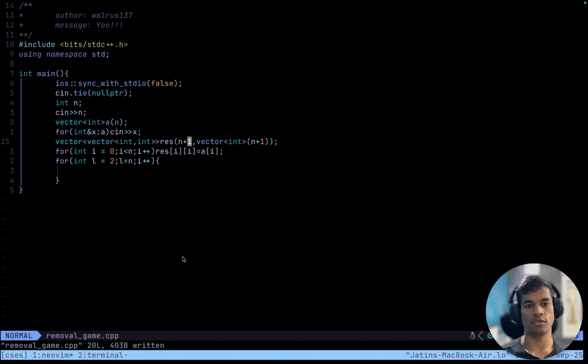I guess we should just have this equal to n. Now we will have res, and we will iterate through the whole thing.